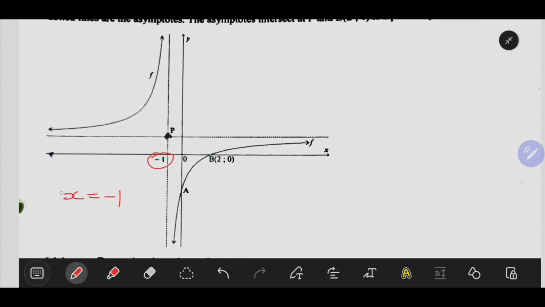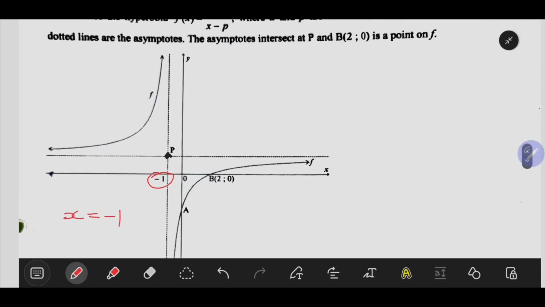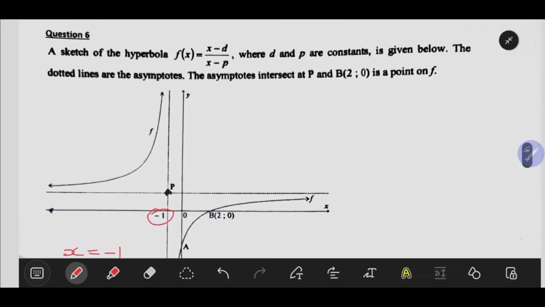So we already have the value for the vertical asymptote. From our function f of x equals x minus d, all divided by x minus p.